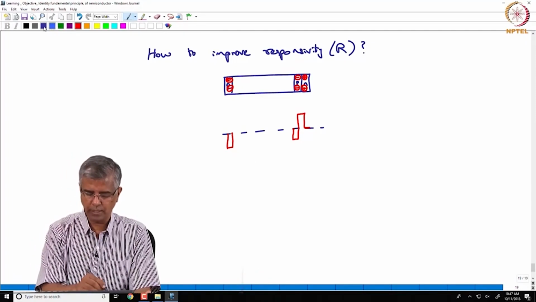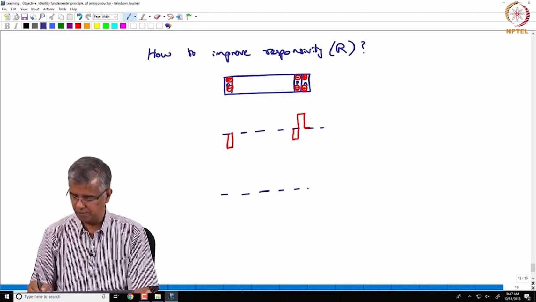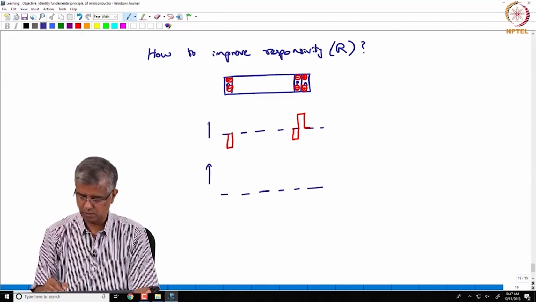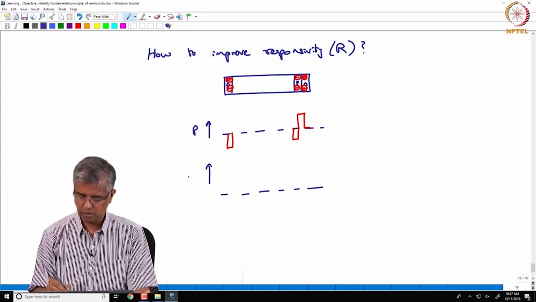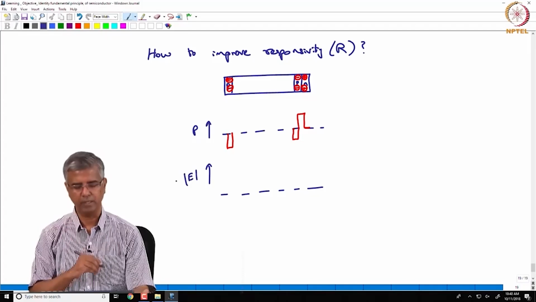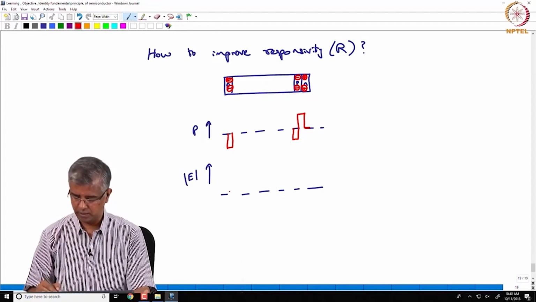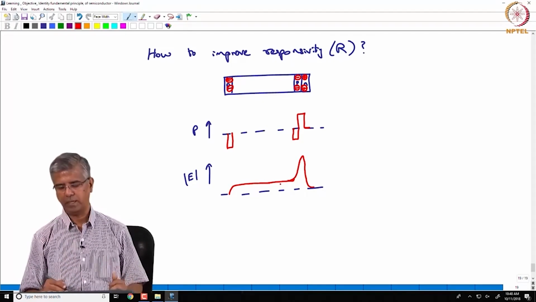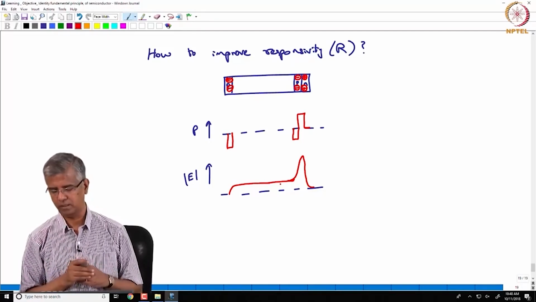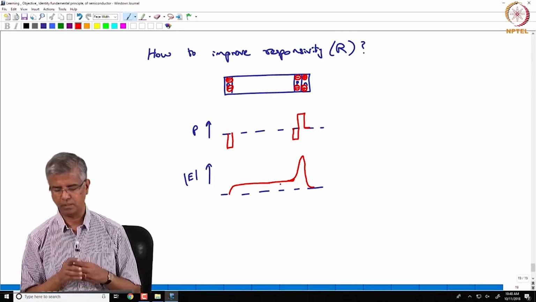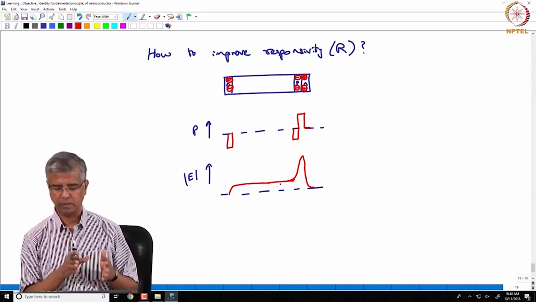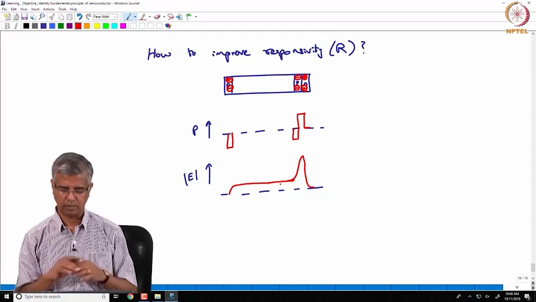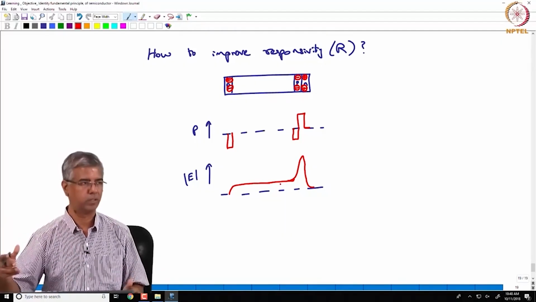So now if you look at the electric field across this structure, so this is basically the charge density rho, but if you are looking at the magnitude of the electric field, that's going to go like this, and in this region it's suddenly going to spike up because you have negative fixed charges there on the P side, and then as you go, the field is constant, and then there are some more negative charges.